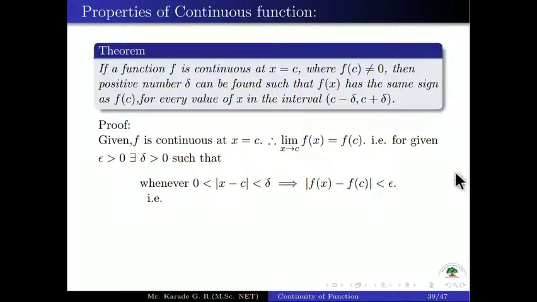That is, x minus c is greater than minus delta and less than delta, and this must imply that f of x minus f of c is greater than minus epsilon and less than epsilon.